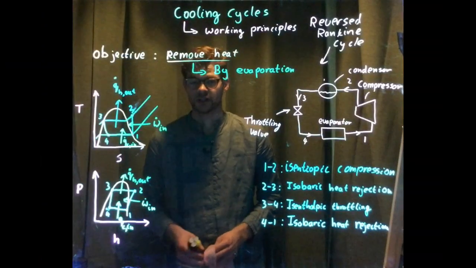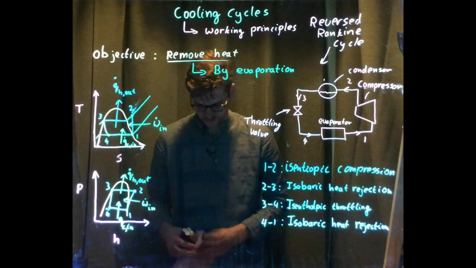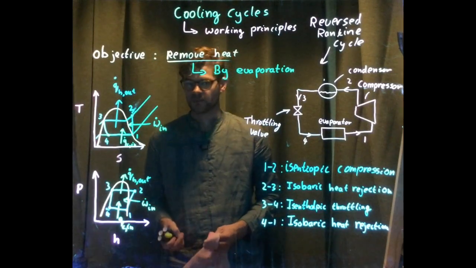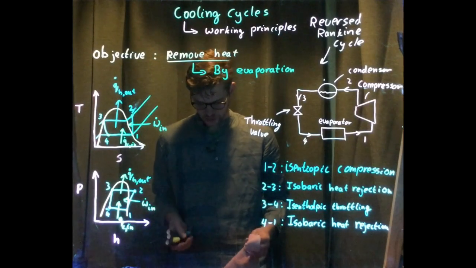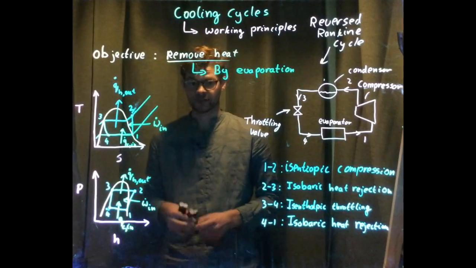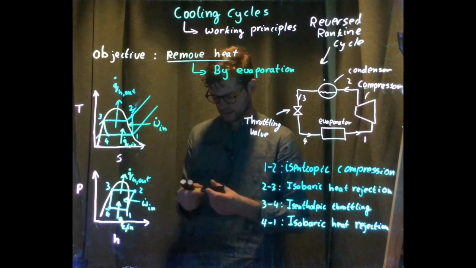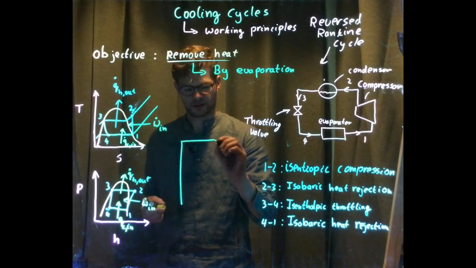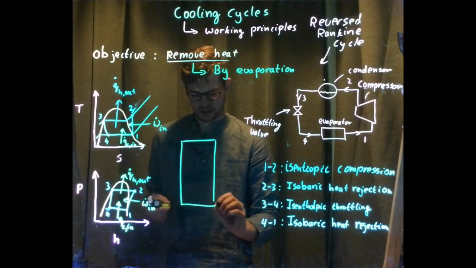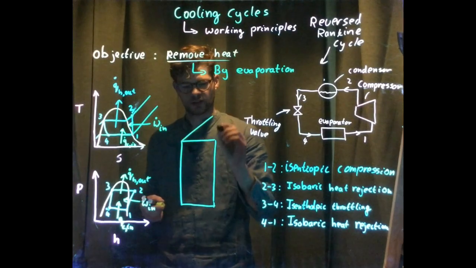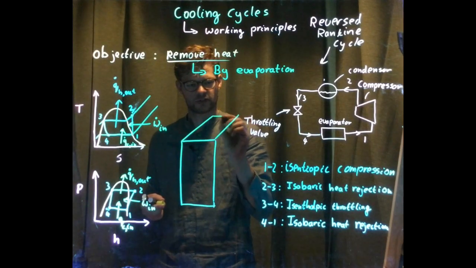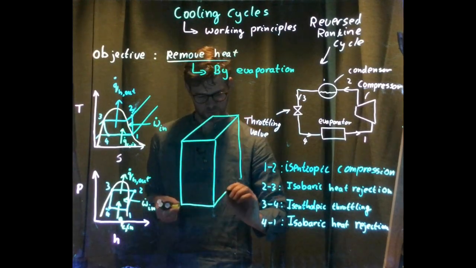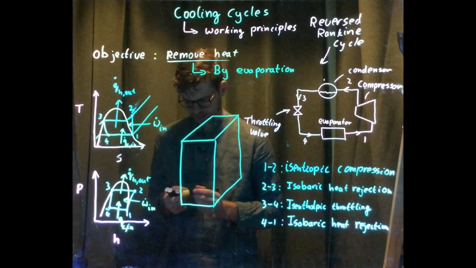Just to make sure you understand what's happening when you cool your drinks, I will make a schematic drawing of a refrigerator in the middle. So this will be my refrigerator, and we're looking to the side of this refrigerator, so it's a side view. So like this.